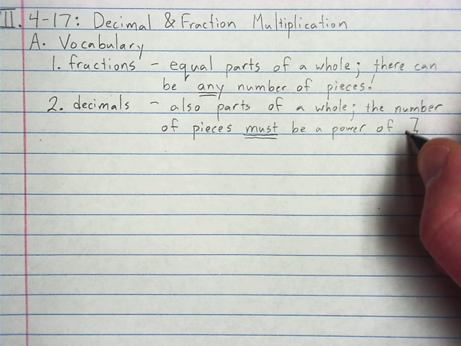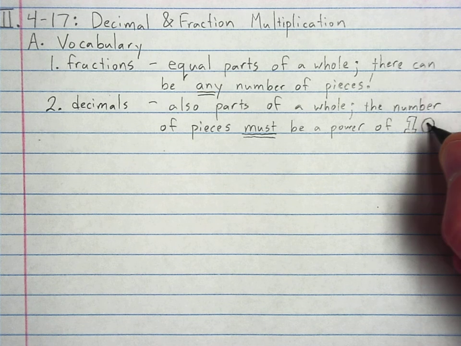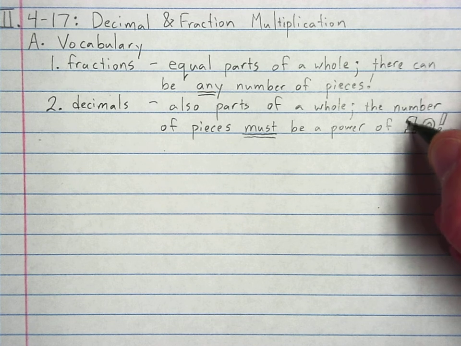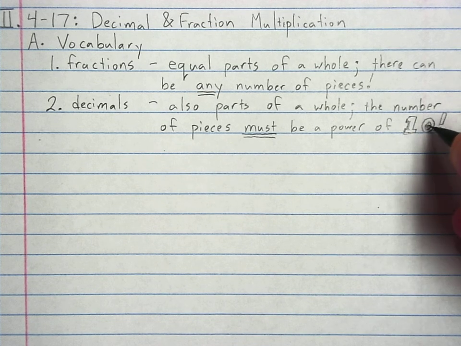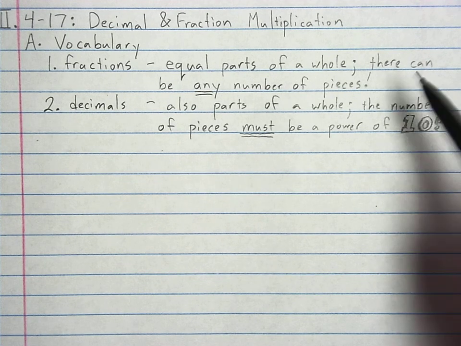Now this goes back to what we were talking about in the very beginning of the school year. When we talked about powers of 10, we talked about 10, 100, 1,000, 10,000, all the way up into the millions, and we did a little bit in the billions. Powers of 10 are basically just a 1 with some number of zeros after it.